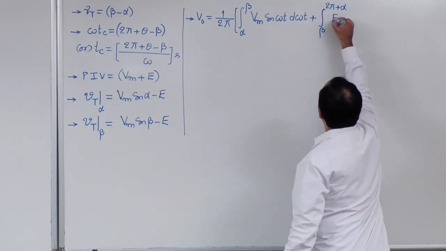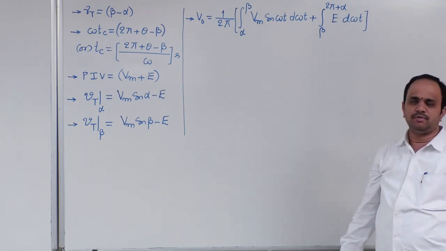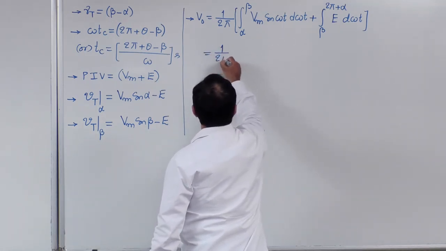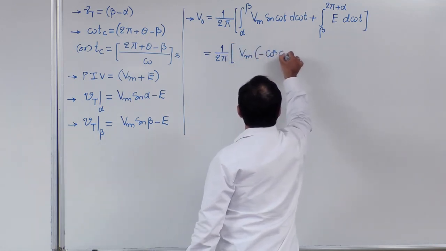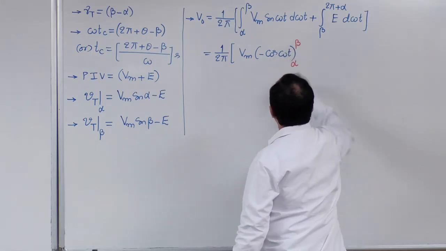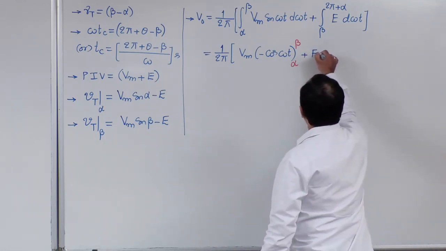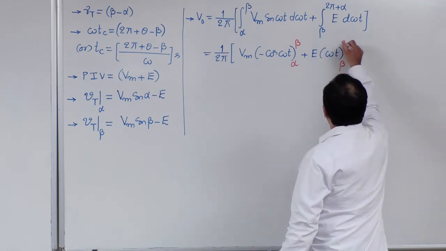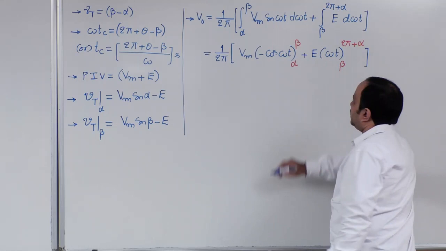The expression is E d omega t. Now let us simplify here. 1 by 2 pi, Vm multiplied with minus cos omega t, limits from alpha to beta, plus E into omega t, limits from beta to 2 pi plus alpha.